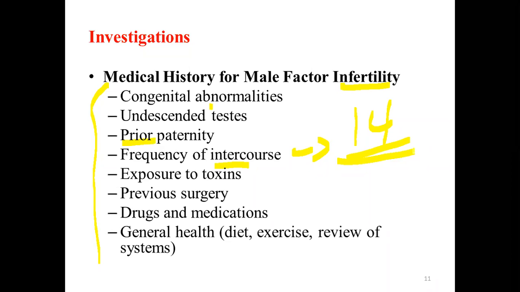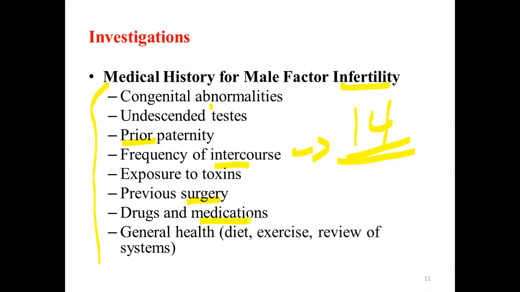Then exposure to toxins. Remember, some toxins can affect the gonad, so the gonad is no longer able to produce the desired hormone, which is important for ovulation. Then previous surgery, any surgery that can cause trauma to the reproductive organs, is also responsible. Drugs and medication.